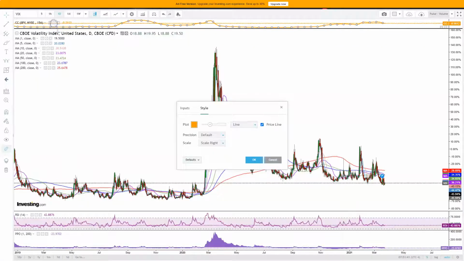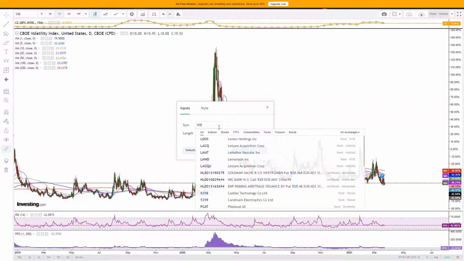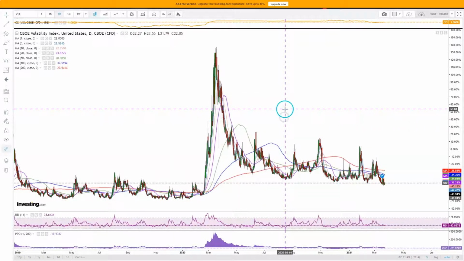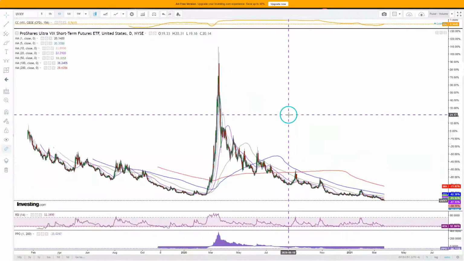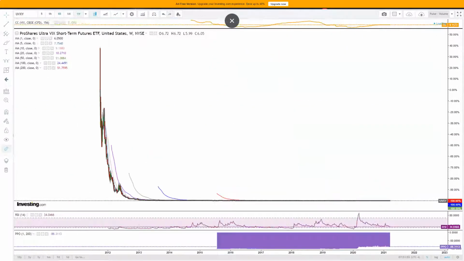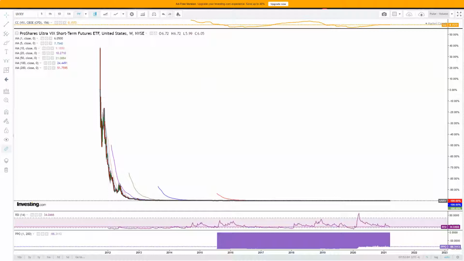So let's now look at the correlation between the VIX and the UVXI. Like that. And then we have the UVXI here in the foreground. So we do see, if we go here first, long term, there's only a 16% positive correlation between the VIX and the UVXI.